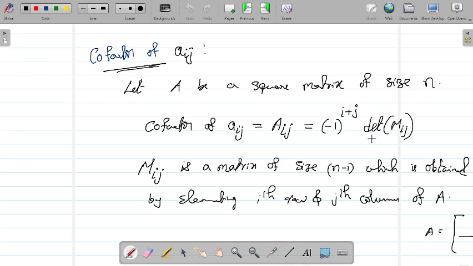The determinant obtained after eliminating the ith row and jth column is called a minor, so it is denoted as M_ij. But when it comes to cofactor, it will be multiplied with (-1) power i plus j. When it comes to minor, it won't be multiplied with this. If you just take this guy, you can say that is just a minor.